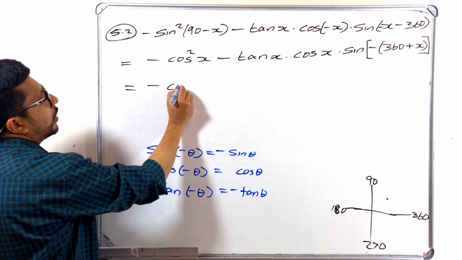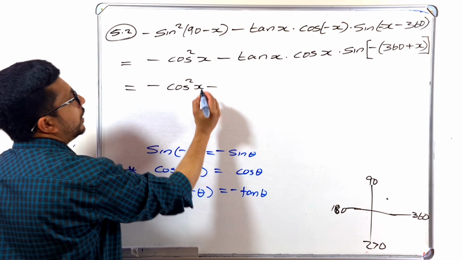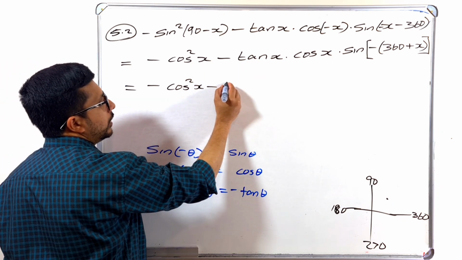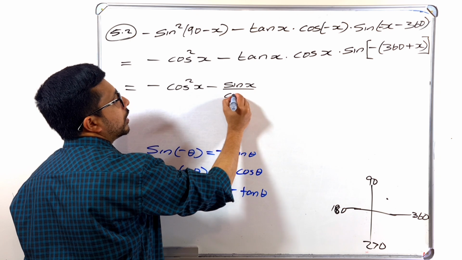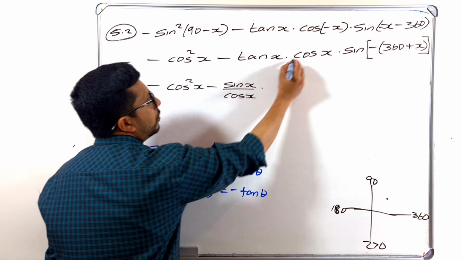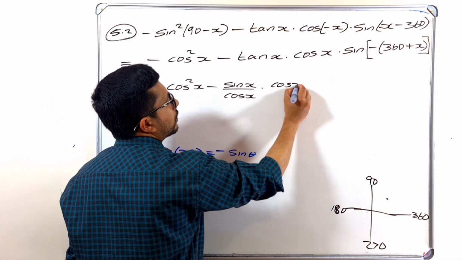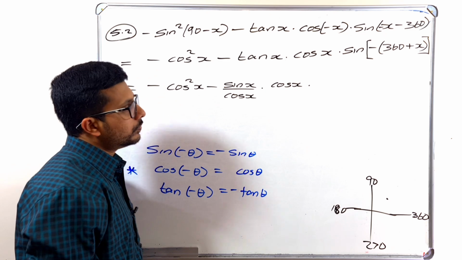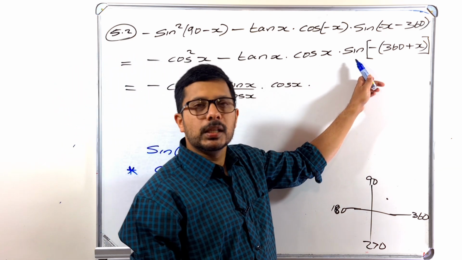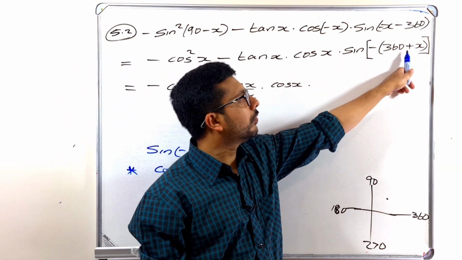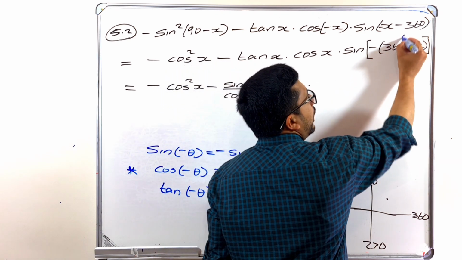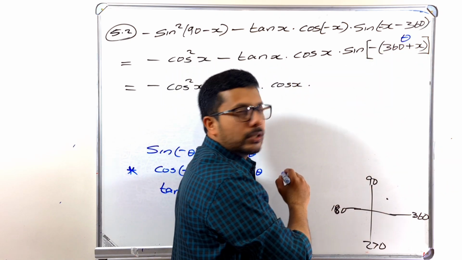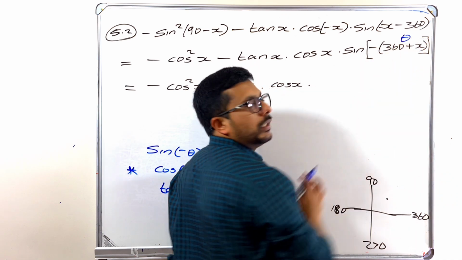Minus cos square x minus tan x, I am going to write it as sin x over cos x, into cos x, into, then look at this one, sine of minus of an angle. Just consider 360 plus x as an angle, like a theta. So sine of minus theta.